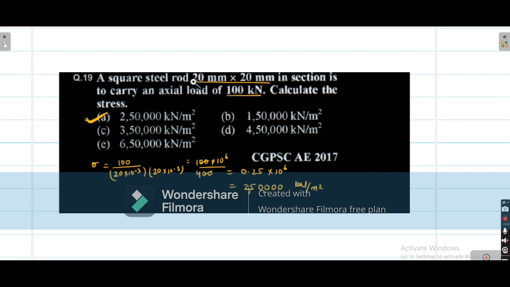A square rod, 20 mm by 20 mm in section, carries an axial load of 100 kilonewton. Simple question, it's about unit conversion.